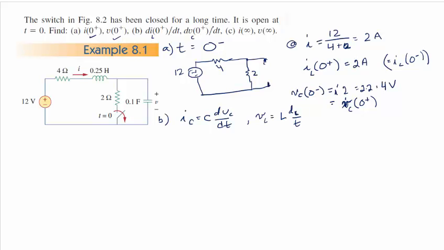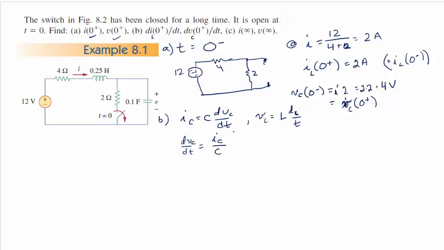And so the other thing that we need to find is di in the inductor/dt. So we know these two things. I'll do this one first. If we have this equation, then dvc/dt equals I sub c over the capacitance.